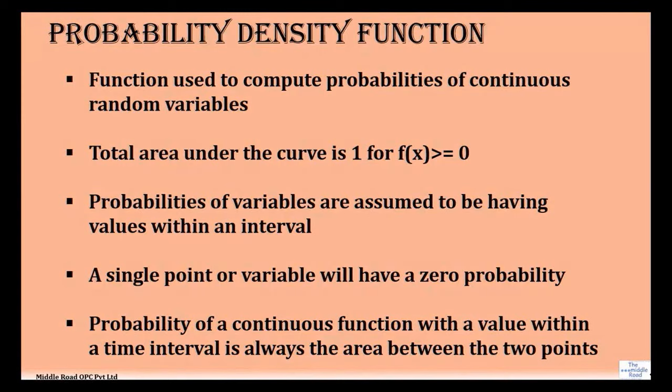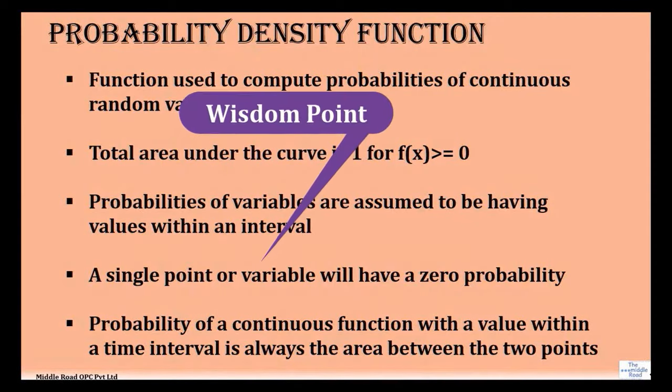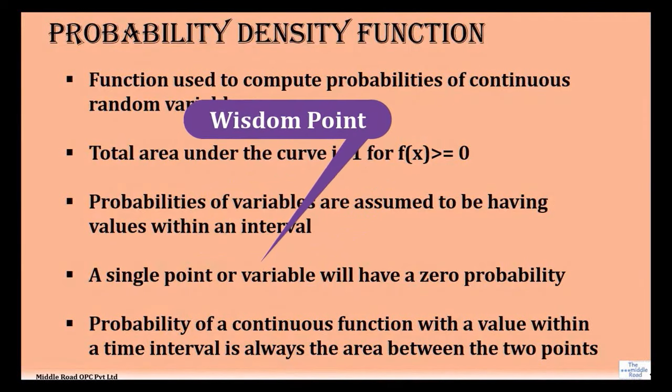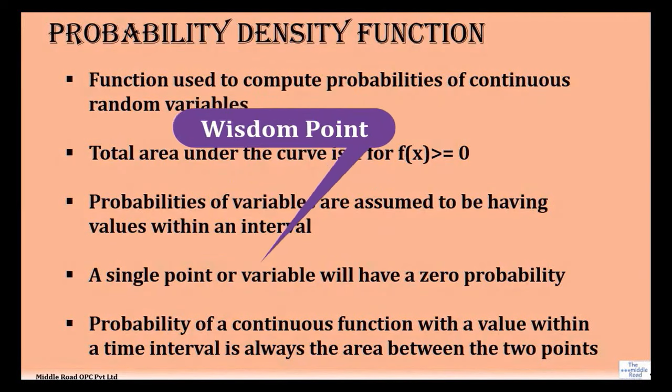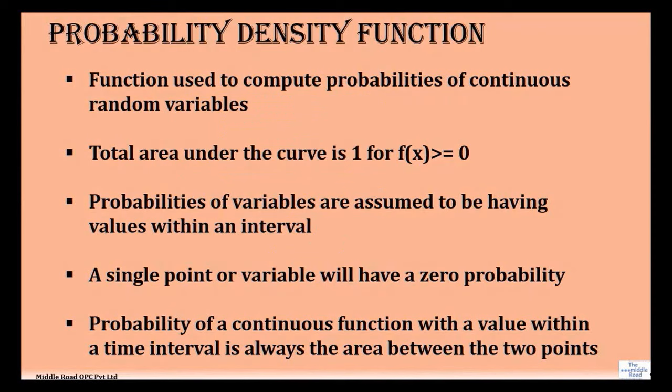It takes the area between those two points, which gives you the probability of the continuous variable. However, the probability of a single point will always be 0. There are n number of permutations and combinations for that variable, and the length of the interval is 0, so a single point will have 0 probability.